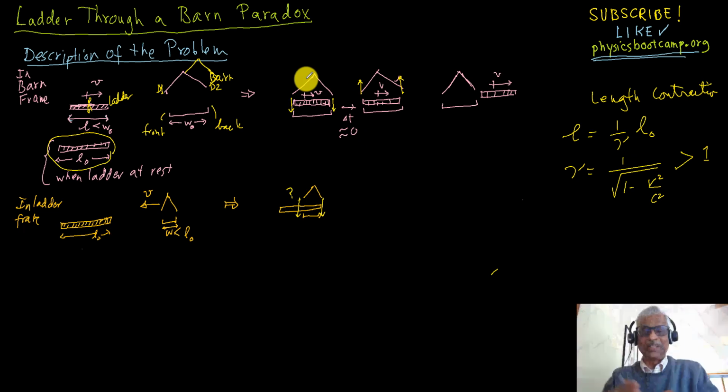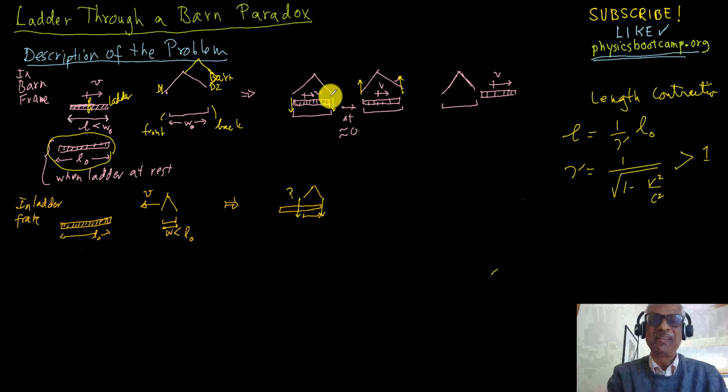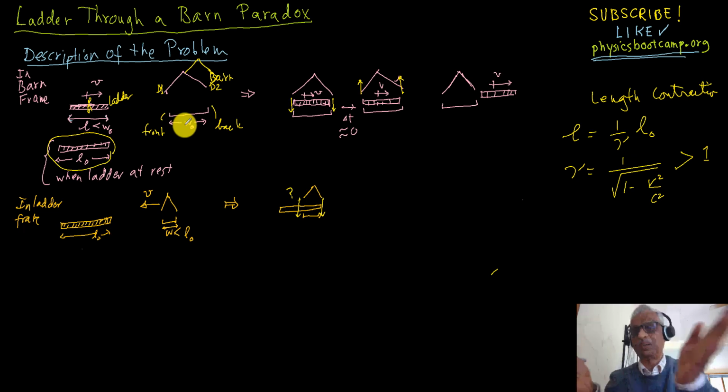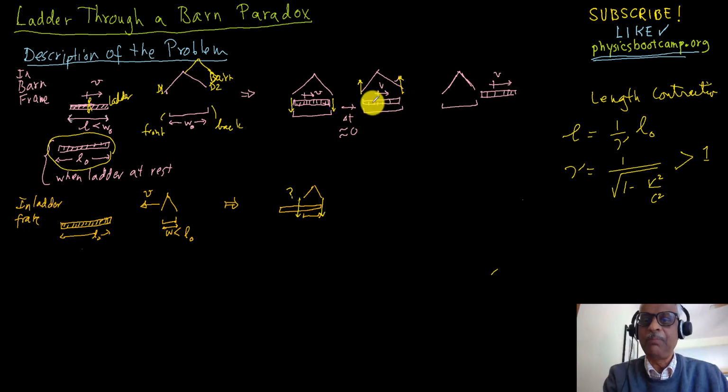It's just a way to set up the problem. The ladder is still going, and it can be, say, half of W0, right in the middle somewhere, and it just happily goes through the barn.